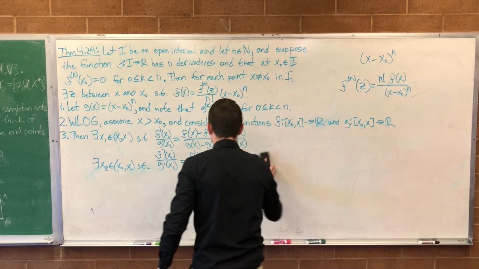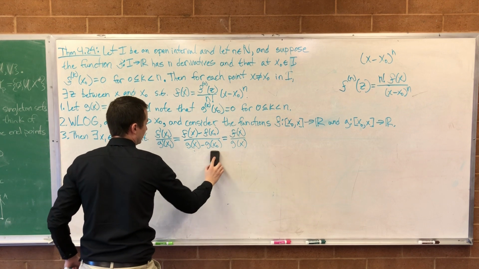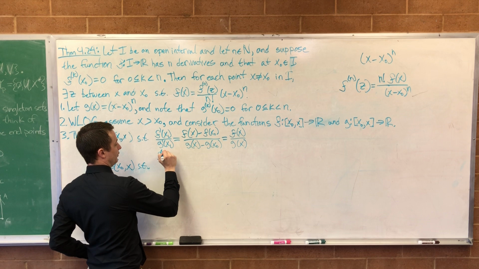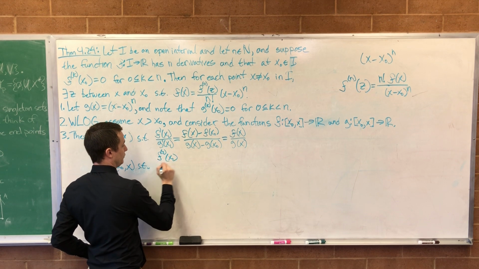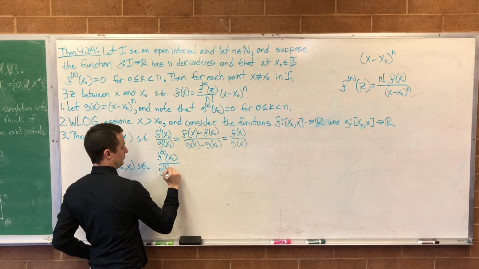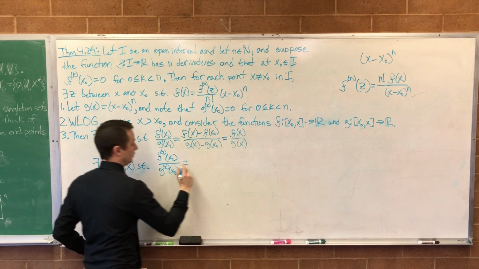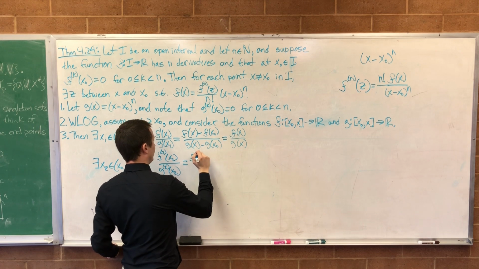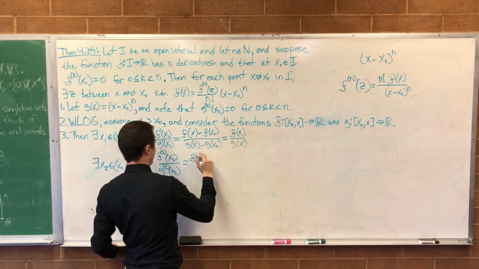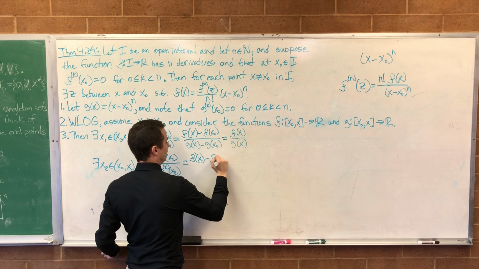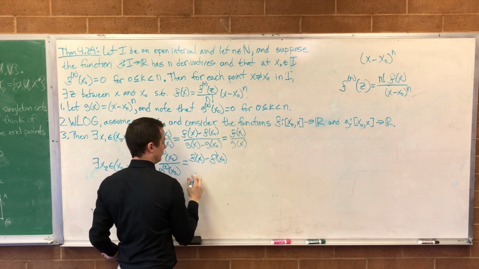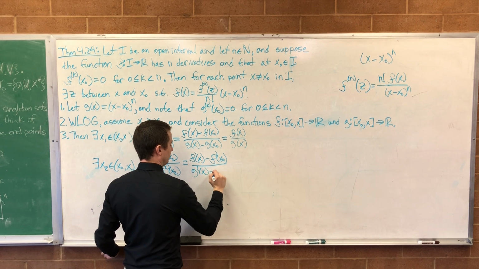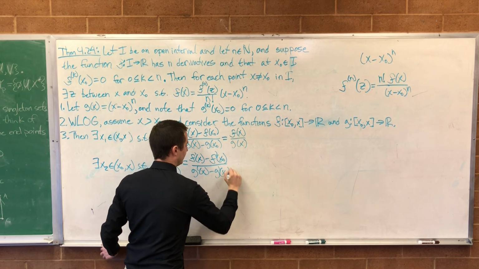Let me change the order that I wrote it so it follows exactly the same way the top line does, instead of backwards. Repeating the exact same process now. F second derivative at x2 over g second derivative at x2 is equal to f prime at x minus f prime at x naught all over g prime at x minus g prime at x naught.